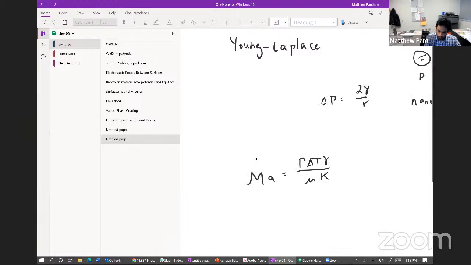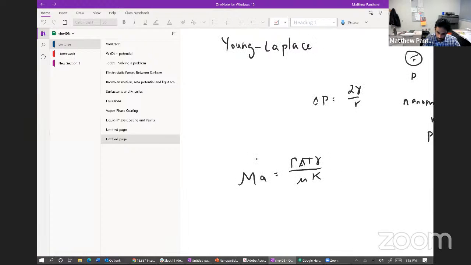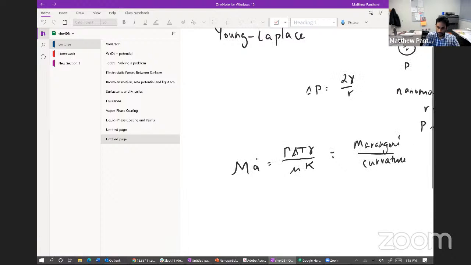The idea here is that we are comparing two different effects: the Marangoni effect, which is a surface tension driven flow, or the Marangoni force, against the effects of curvature that we have. It's another way of stating this.